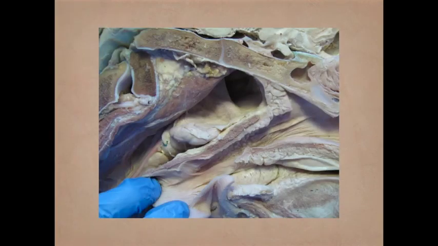Now if we look a little closer at the upper left-hand corner of this, we can see the longus capitis muscle attaching here at the junction of the basi-occipital bone and the basi-sphenoid bone.